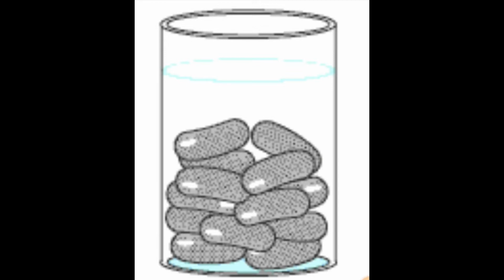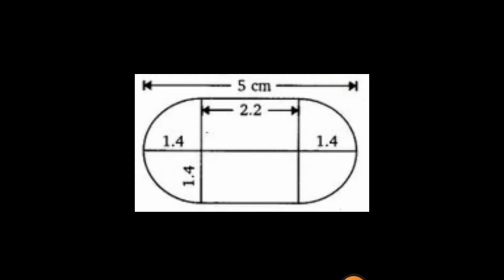So here let us see the figure of each gulab jamun. In this figure you can see the shape of each gulab jamun. This gulab jamun consists of two hemispherical ends and one cylindrical shape.